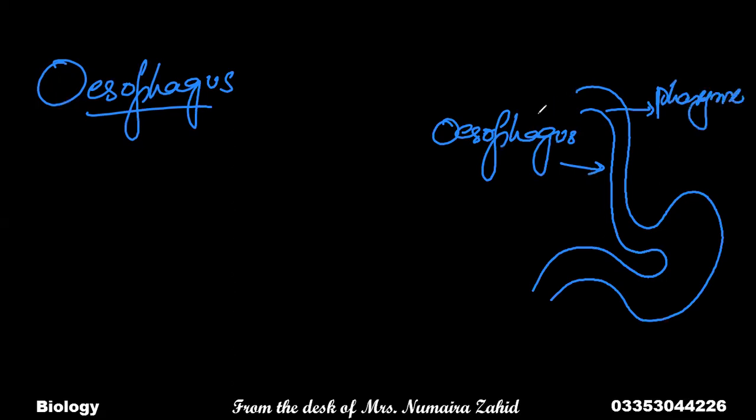When the food is swallowed into the esophagus, what happens? The esophagus contains muscles in its walls that contract and relax. It contains two types of muscles in its walls, the circular muscles and longitudinal muscles.